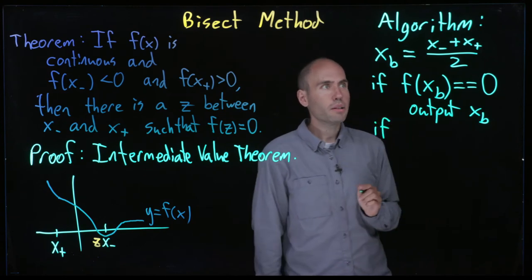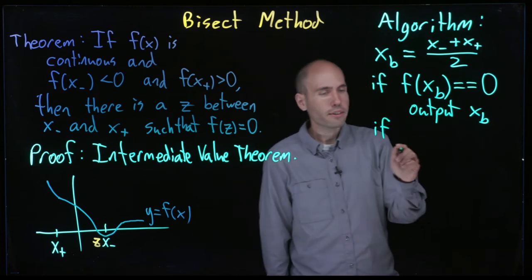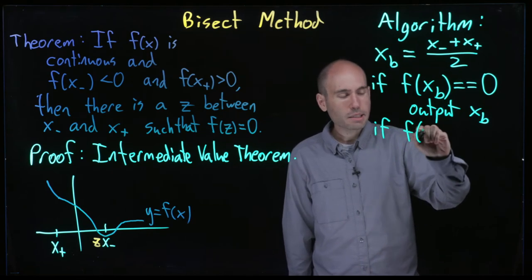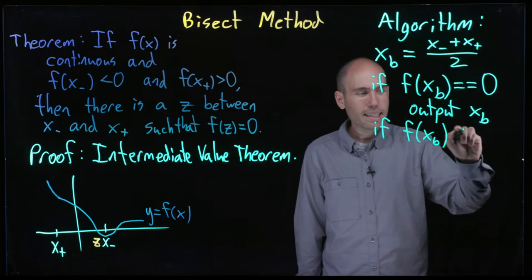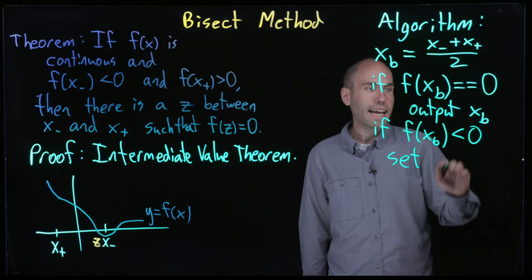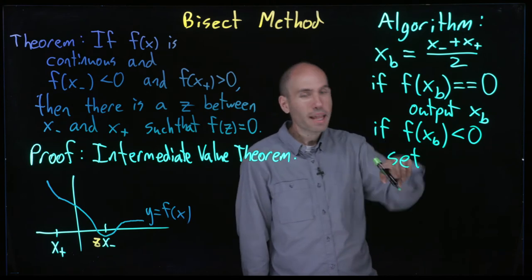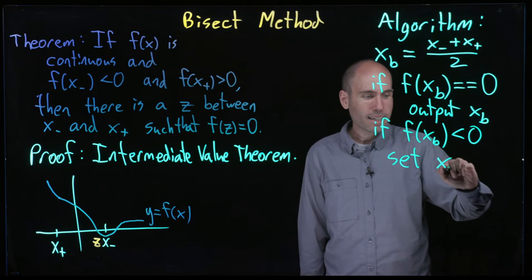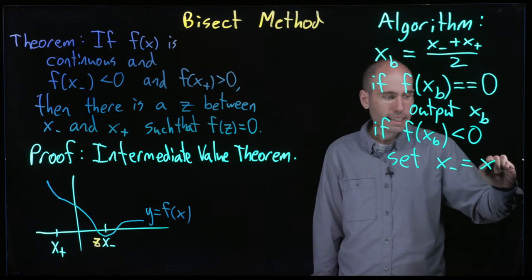So here's the more important part of the bisect method. If f of x bisect is less than 0, then we're going to set, hey, this is not part of MATLAB language, it's just pseudocode, x negative equal to x bisect.